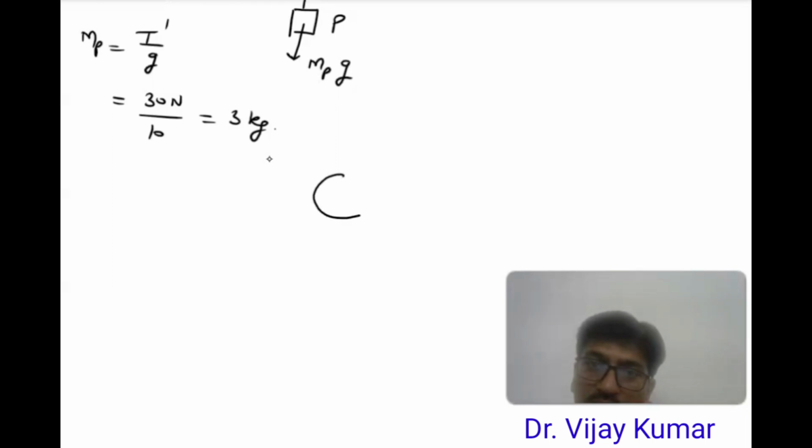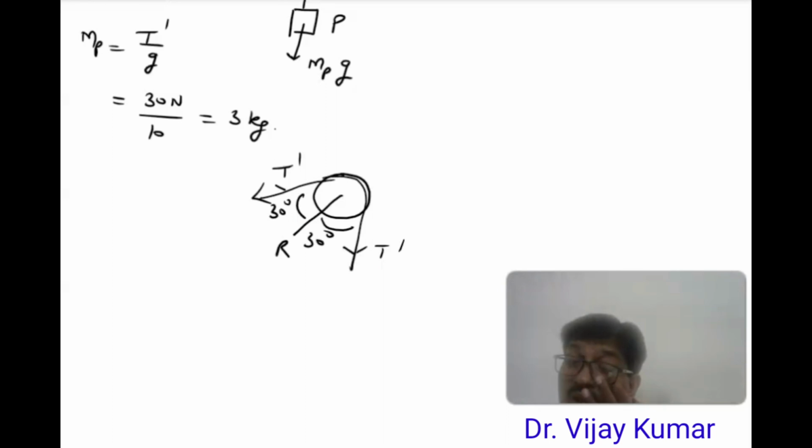This is the pulley, the reaction force is in this direction, and the string tension is T dash at an angle of 30 degrees. So reaction R is balanced by 2T dash cos 30.